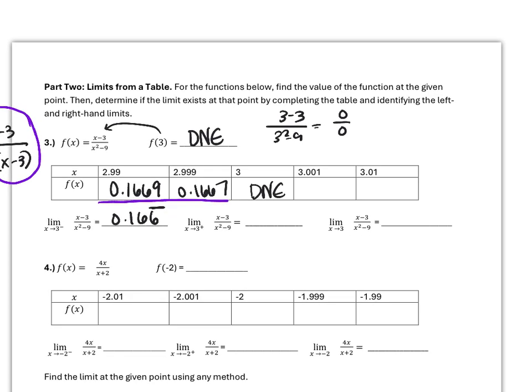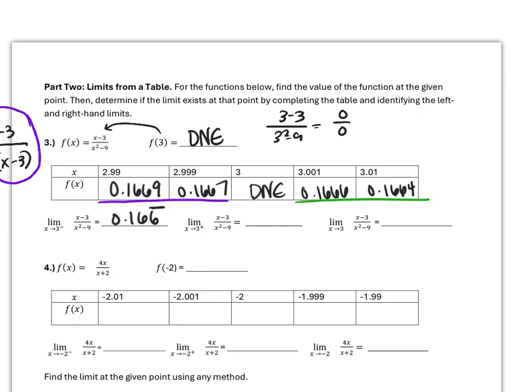So then let's look on the other side, on the right side, as we're getting closer and closer to 3. Let's do 3.01, which is a little farther out. So this gives us 0.1664. And then if we get even closer, at 3.001, 0.1666.